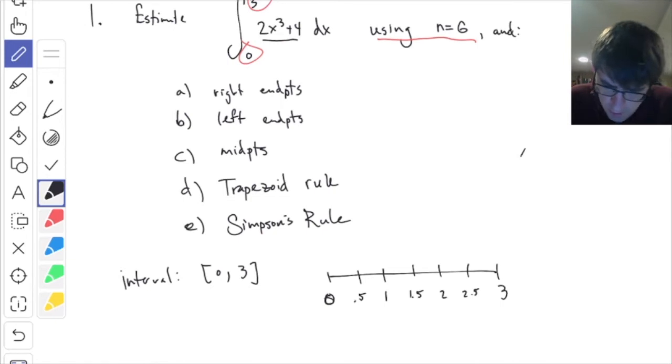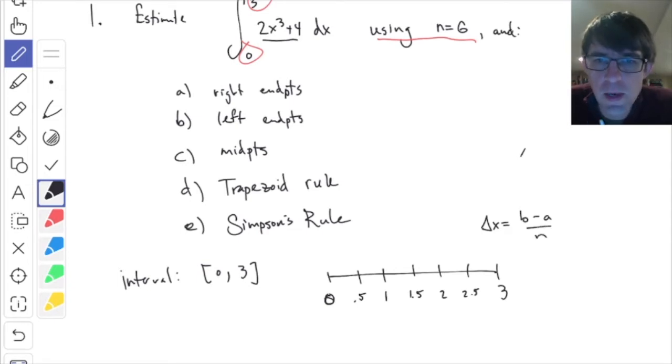If you are ever concerned about how exactly I figured that out, I just said by common sense, if you have 0 to 3 and divide into 6 pieces, the width of each is a half. If that common sense doesn't compute for you, you can always remember this formula. It's a good idea to remember this even if you feel like the common sense does work out. Delta x is b minus a over n. Delta x, remember, is this little width here.